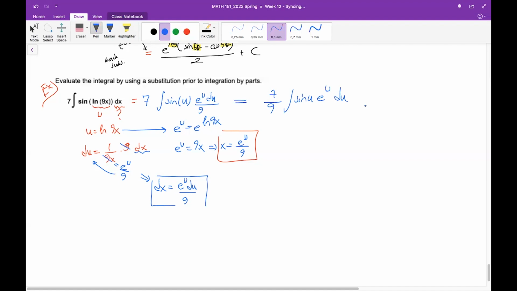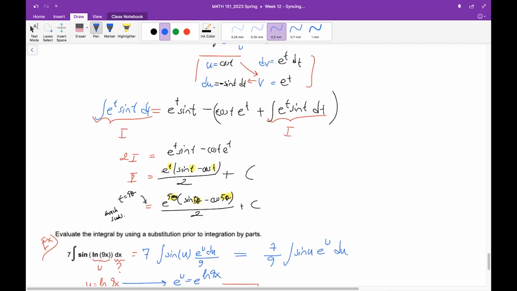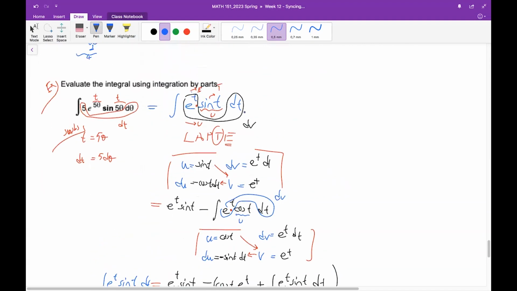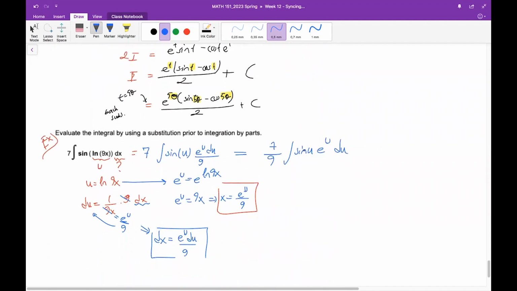That's what we have. You see, instead of struggling with this integration, now I have a simpler form, in fact, which is solved exactly in the previous example. We solved e to the power t sine t dt, which is the same question that we have here. So I won't be solving it again.